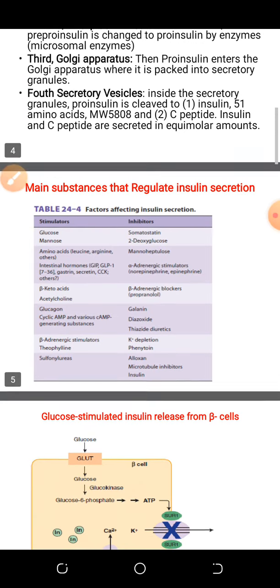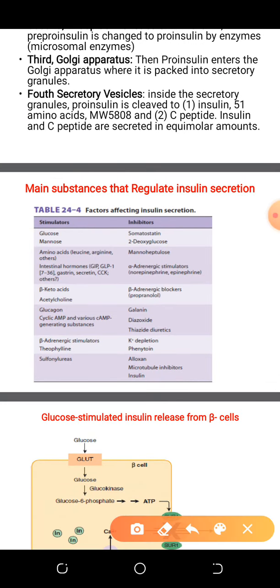Now look at this. What are the main substances that regulate insulin secretion? The main potent stimulant of insulin secretion is glucose. And the major inhibitor of insulin secretion is somatostatin. Actually, somatostatin inhibits many other hormones, not only insulin.